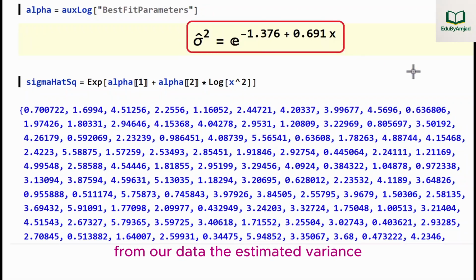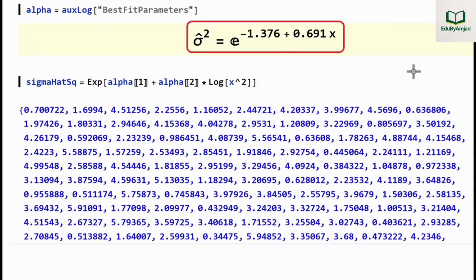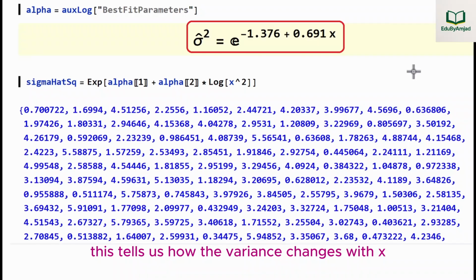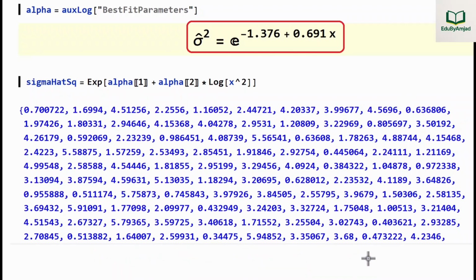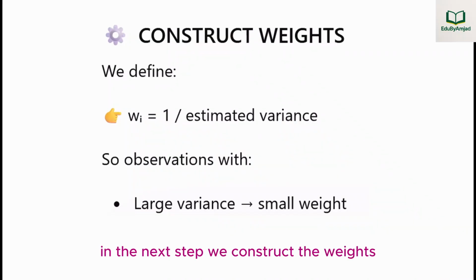From our data, the estimated variance, sigma hat squared, equals the exponential of the quantity minus 1.376 plus 0.691 times x. This tells us how the variance changes with x. In the next step, we construct the weights.